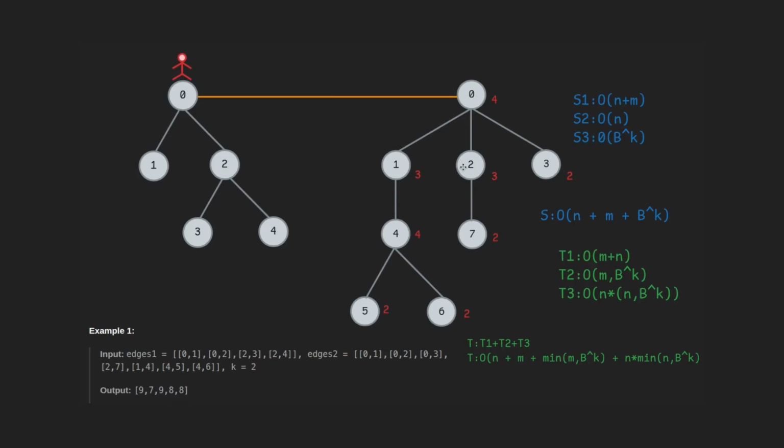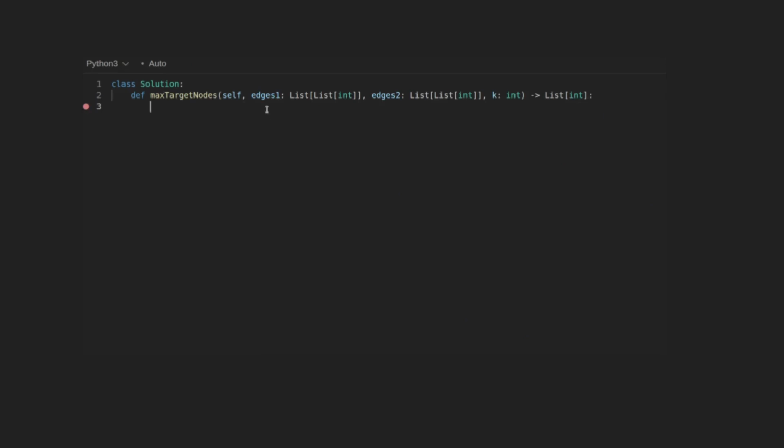Now let us move on to the coding part. First of all, we will calculate the number of nodes. So nodes will be number of edges plus 1, right? And nodes in 2 will be the same. Then we will create the adjacency list.